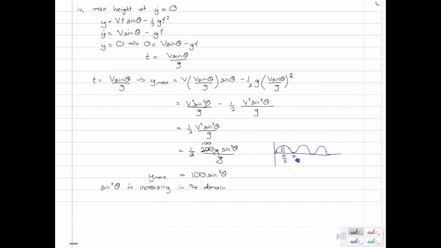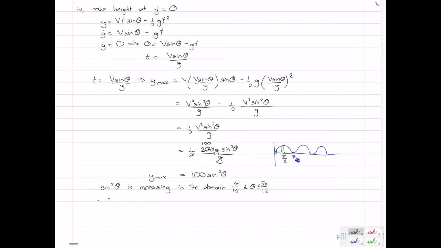Let's write this fully out. In the domain pi on 12 is less than or equal to theta is less than or equal to 5 pi on 12. So what does that mean? It means that if it's increasing, the lowest value is going to be at the endpoint pi on 12, and the highest value it can have is going to be at the endpoint 5 pi on 12. So the maximum value that sine squared theta can take is going to be sine squared of 5 pi on 12.